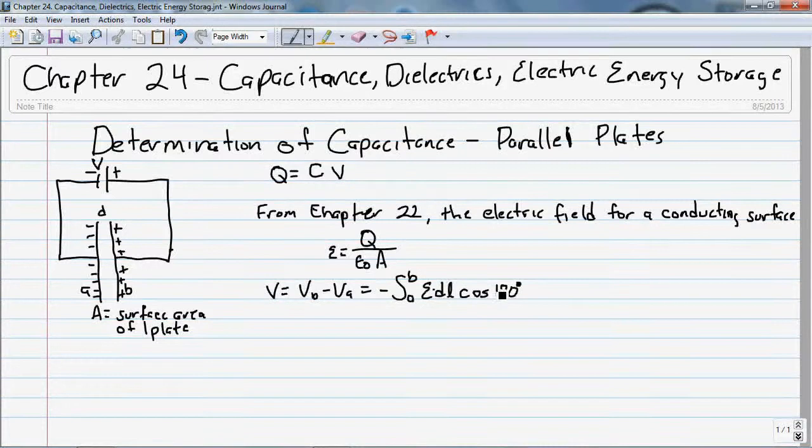So this is the definition of a dot product. And I'm integrating in the opposite direction, so I have a cosine of 180 degrees.